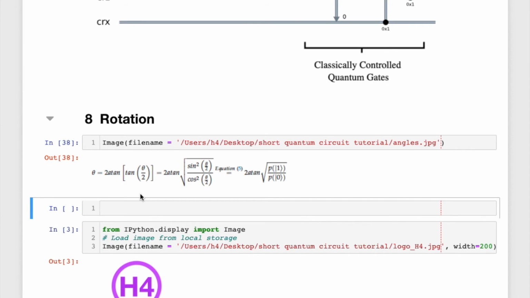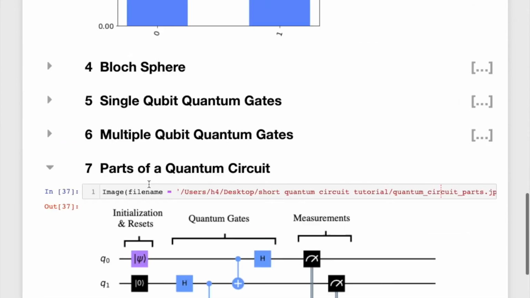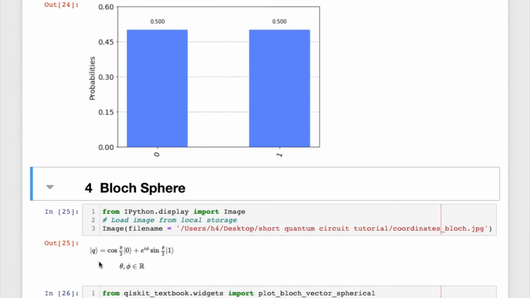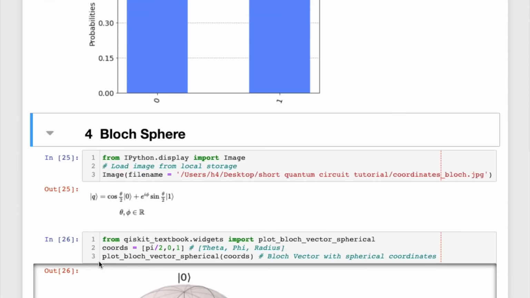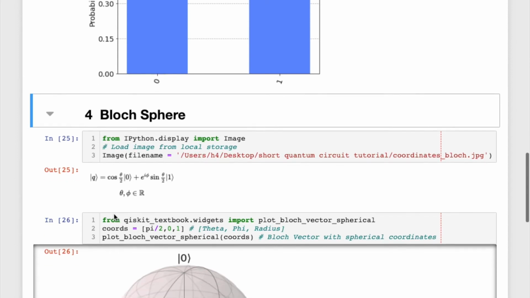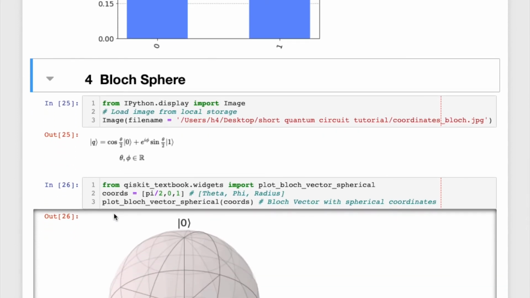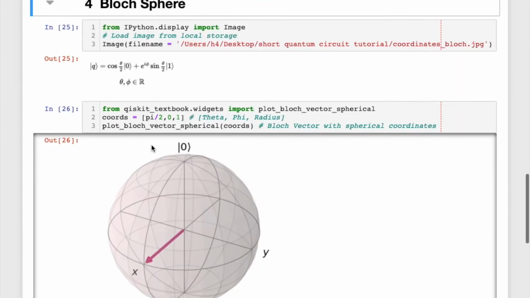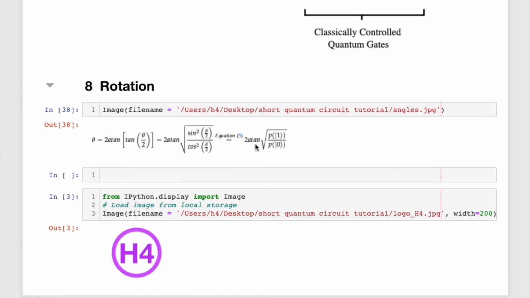And if we follow the intuition behind this equation on line 25, we will see that this is just the probability of getting 1 divided by the probability of getting 0.